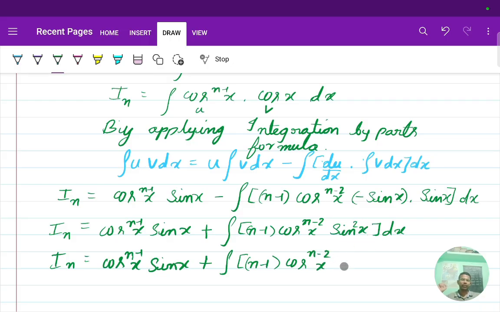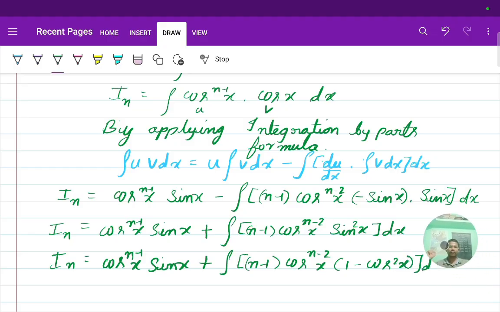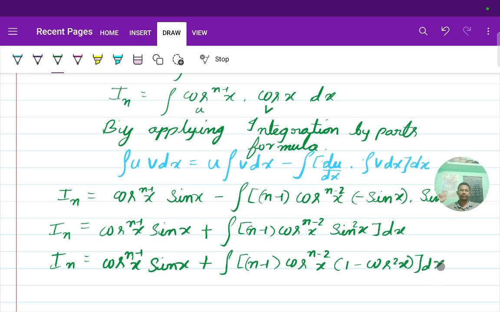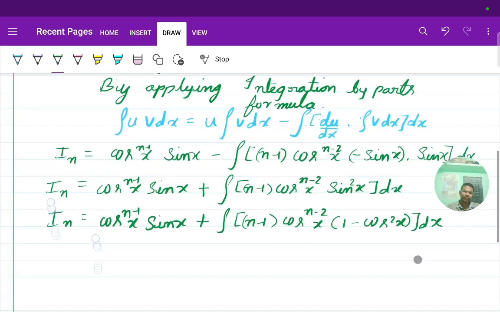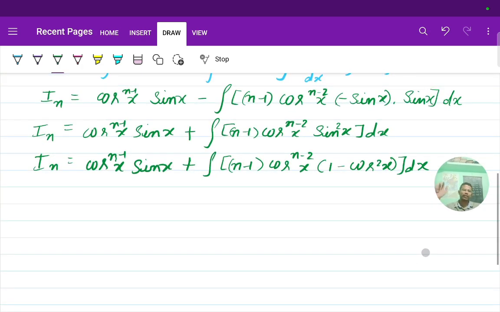What is sin square x? Sin square x we can write as 1 minus cos square x, right? 1 minus cos square x dx.